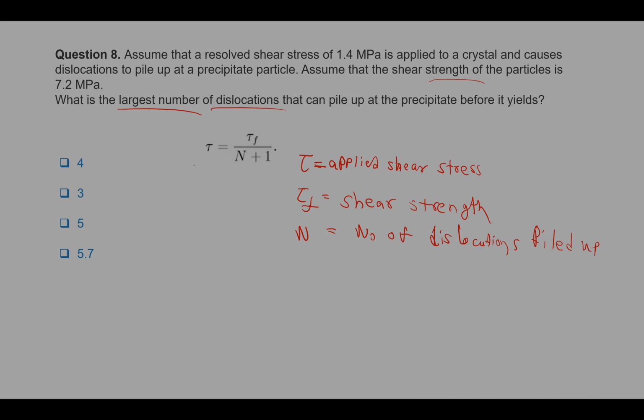So we just have to put the values. Here tau is given as 1.4 megapascal. Tau F is given as 7.4 megapascal, the strength, and N we have to find out. So the formula will modify.